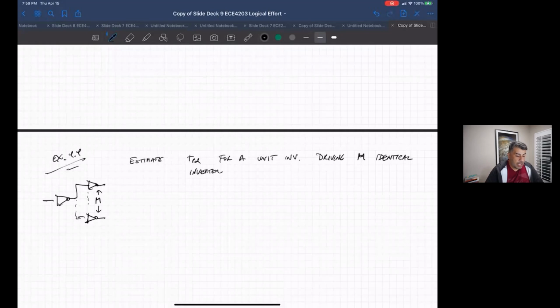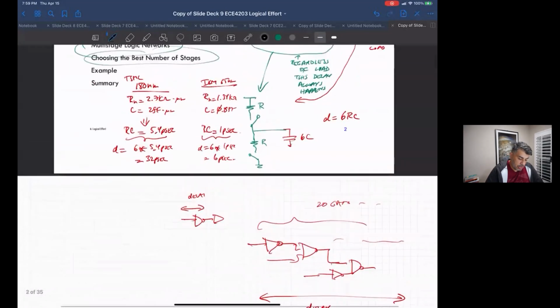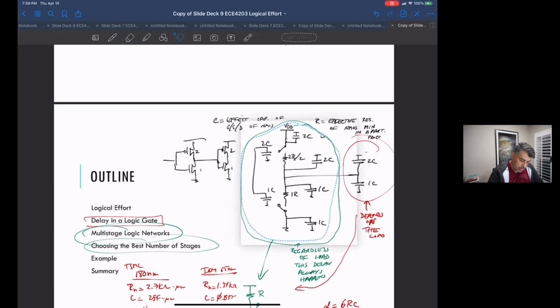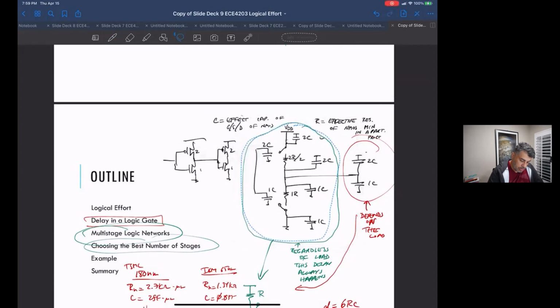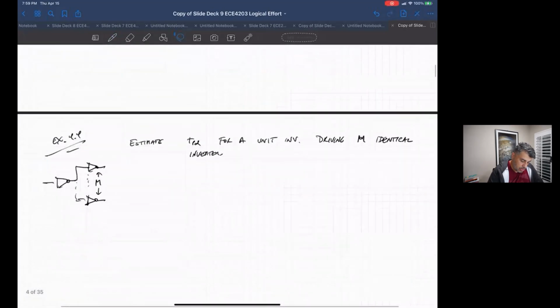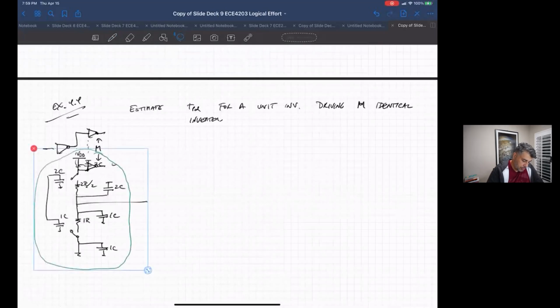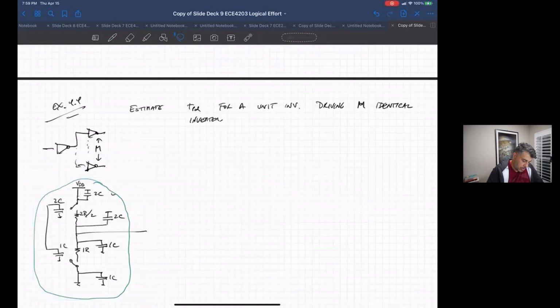You guys can take a shot at this, and just remember this is the model we came up with for this guy.